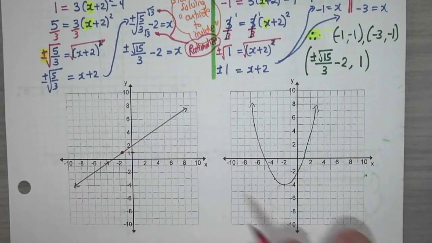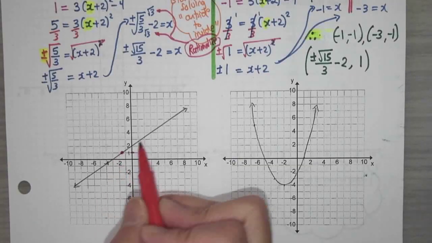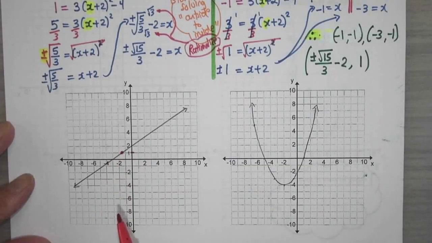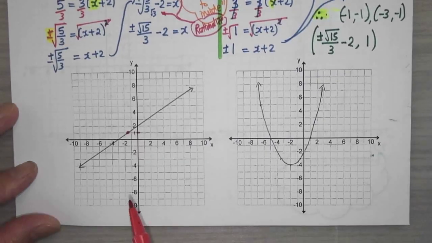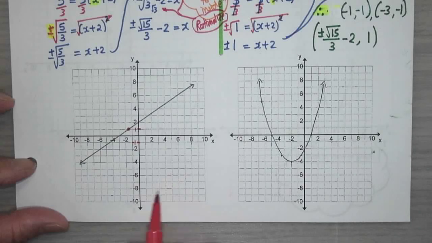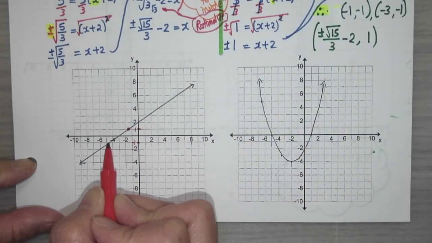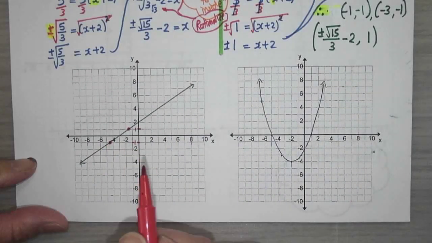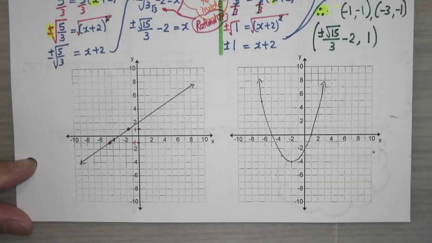I know it might not be perfect. It might not be exactly at a solid integer number, but that's okay. Wherever I have the line, I want you to find 1. Put a dot. Here, I want you to find y is negative 1. Go across, use your eye, and draw a dot on the line on that y is negative 1. Does that make sense?